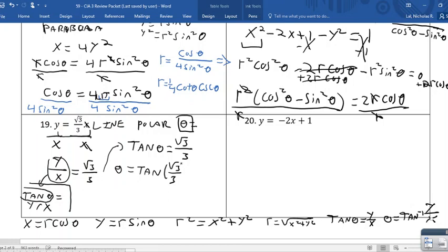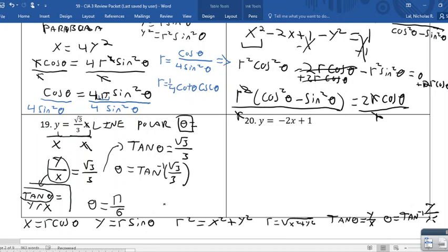The inverse tangent of root 3 over 3. Okay? So from your unit circle, the inverse tangent of root 3 over 3 should be pi over 6. So theta should be equal to, from the unit circle, pi over 6.